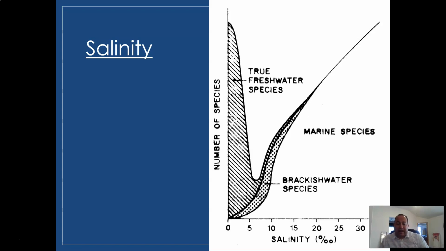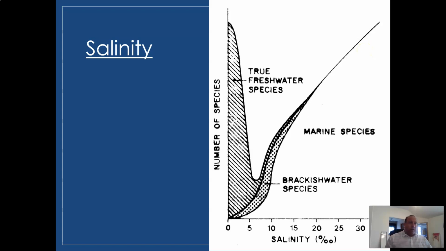You can see that all of our marine species exist between roughly 7.5 and, for the most part, 20%. But once you get past 20% salinity, that is too much for the majority of marine species. There's that little tail out there because there are some that can handle more salinity, because as we know in terms of our basic ecology, there are always going to be a few animals who are going to try and hit that different niche so that they don't have to compete. And so that's how you read that chart.